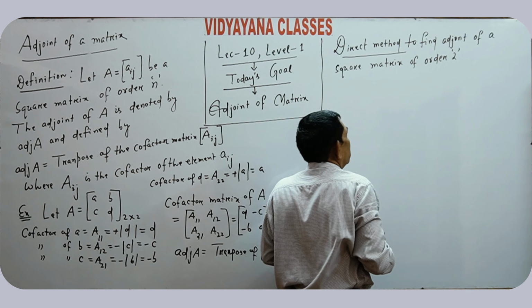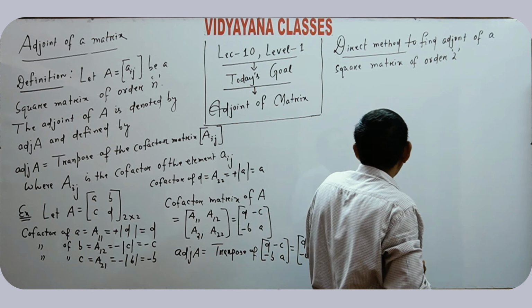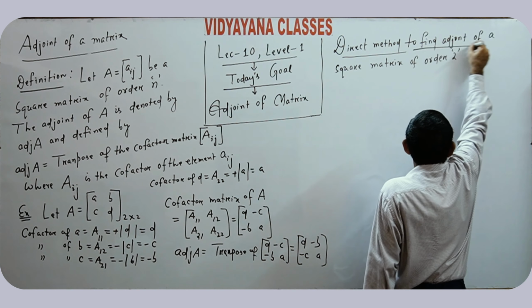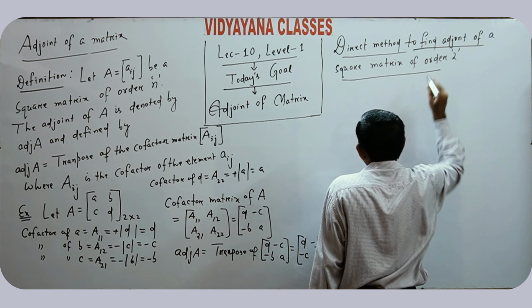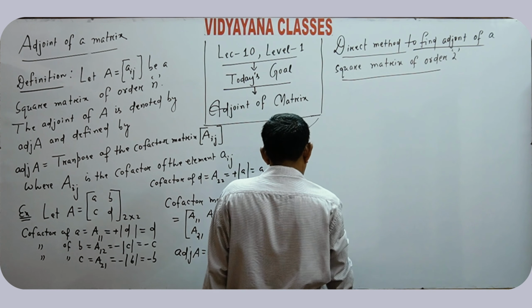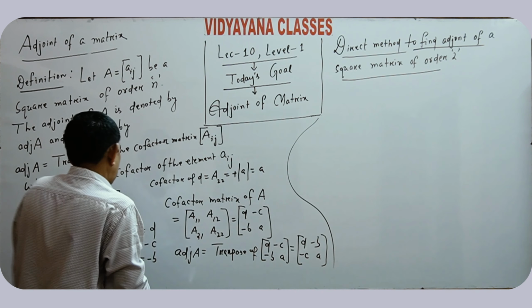Direct method to find adjoint of a square matrix of order 2. Clear?